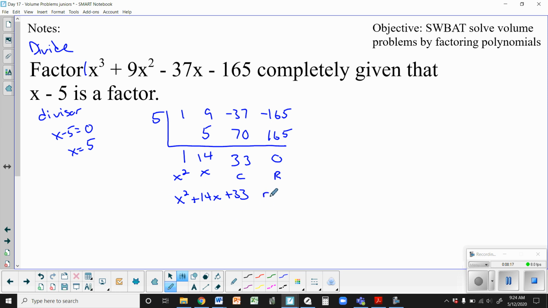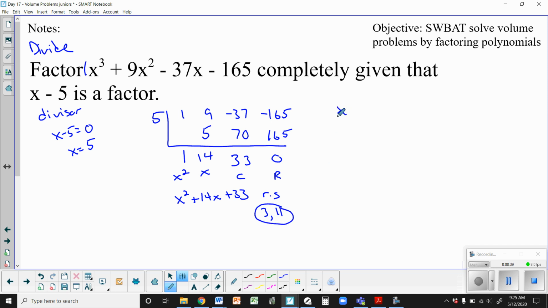That's right, we're going to use the RS method. The RS method tells us that we have to multiply together to equal 33 and add up to 14. So what 2 numbers multiply together to equal 33 and add up to 14? That's right, we can use a 3 and an 11.